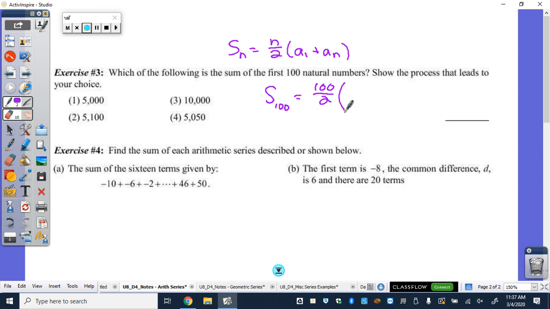Okay, thinking of our natural numbers, what is our first natural number? 1. 100th natural number would be 100. So 1 plus 100 in there, first plus the last. So then go ahead, add, and then multiply. What do we get for the sum of the first 100? 5050.